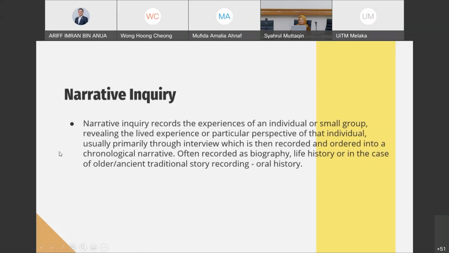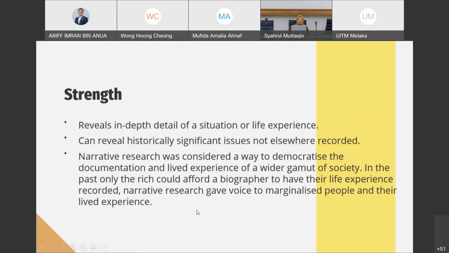So narrative inquiry is really working hard on language. And then what is the strength of this kind of qualitative research, narrative inquiry?